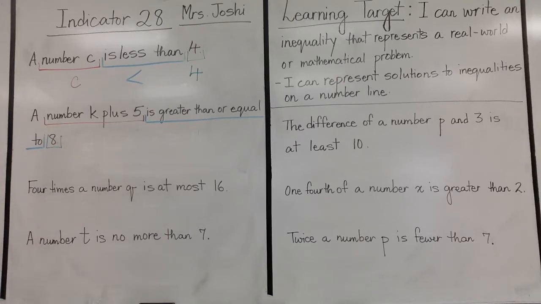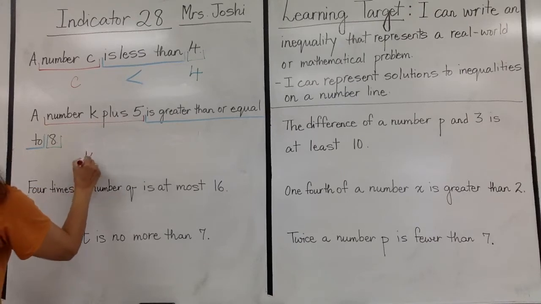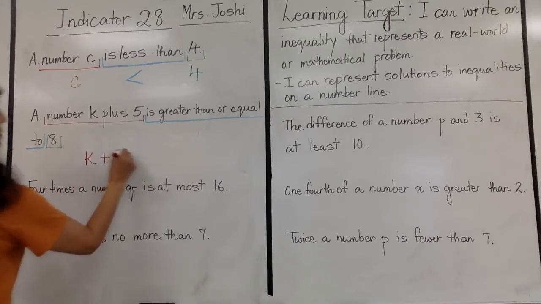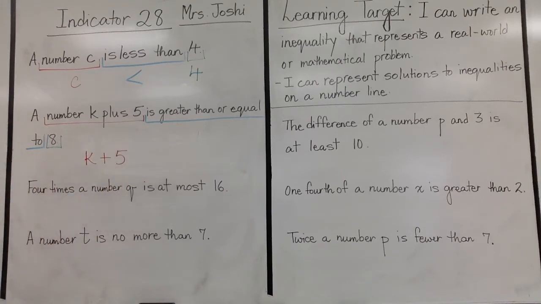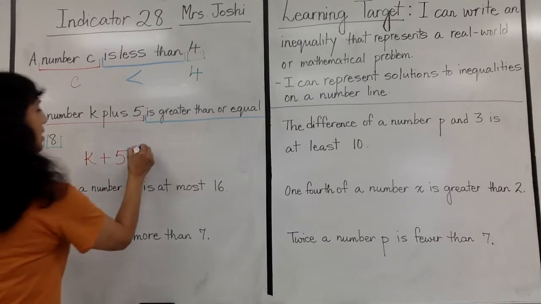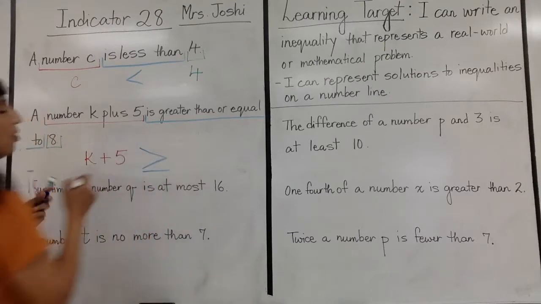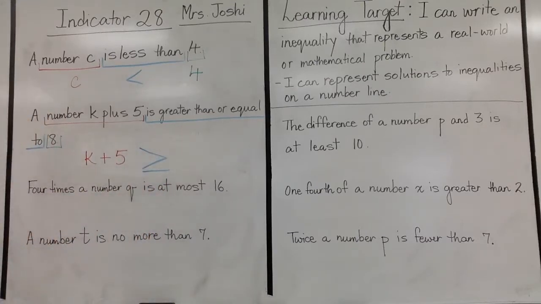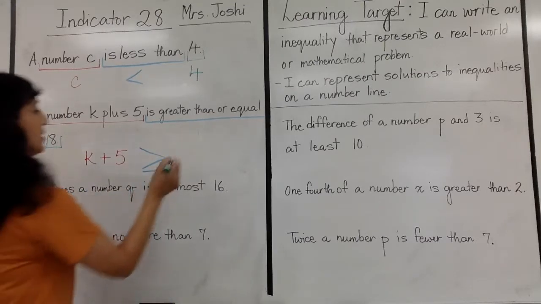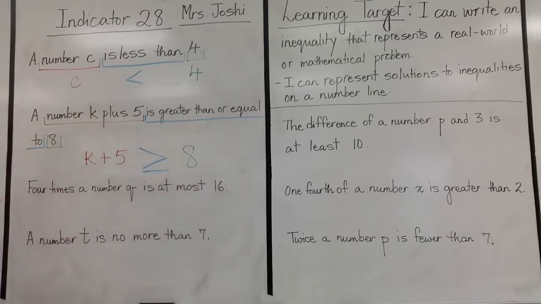If I'm writing this, I'm writing K plus 5 is greater than or equal to, so that means this inequality symbol, then 8. So here is my inequality written out for this one.